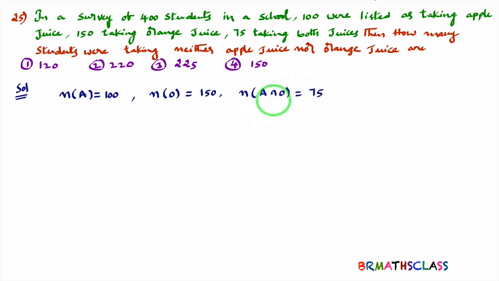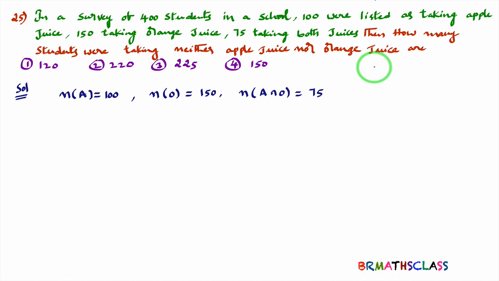Now what they are asking: how many students were taking neither apple juice nor orange juice? That means in these 400 students, how many students are not taking apple juice, not taking orange juice? I think they don't like the juices. Okay, so how many students were taking neither apple juice nor orange juice?